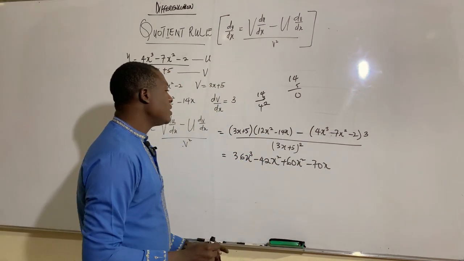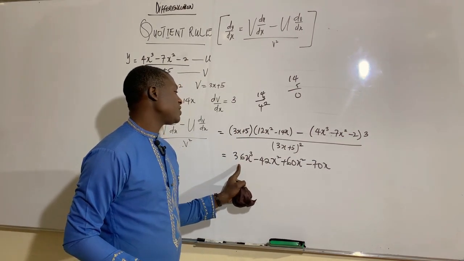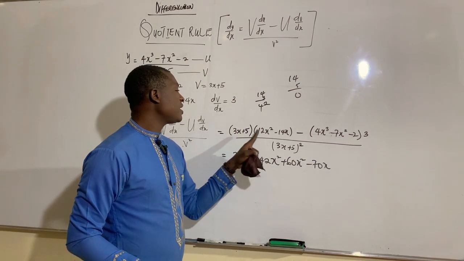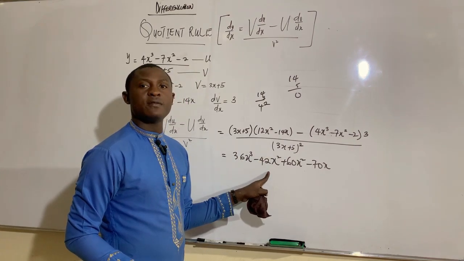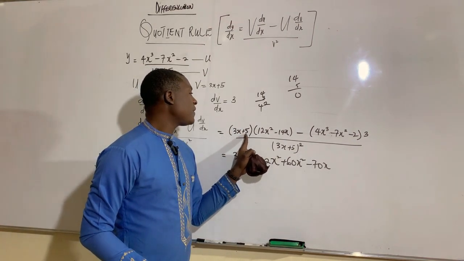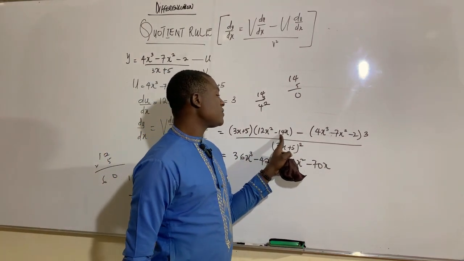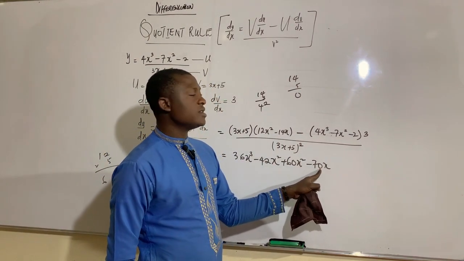What are we doing here? We are just expanding 3x times 12x squared, which gives us 36x cubed. 3x times minus 14x gives minus 14x squared. Then 5 times 12x squared gives 60x squared, and 5 times minus 14x gives minus 70x.